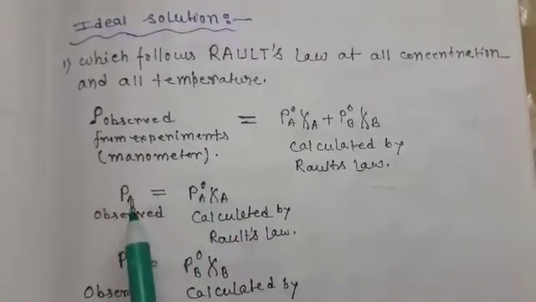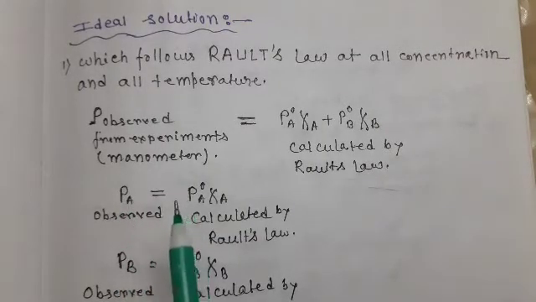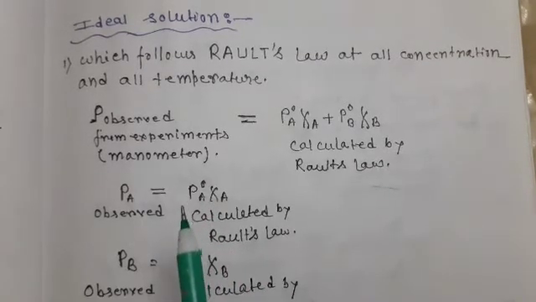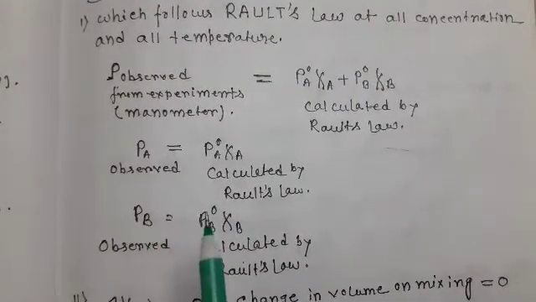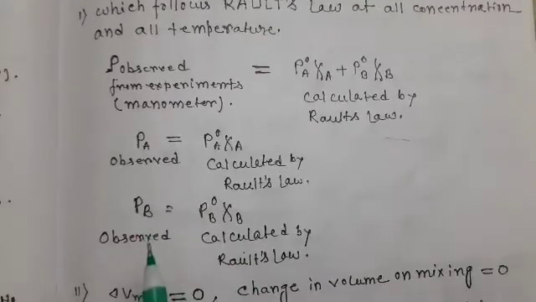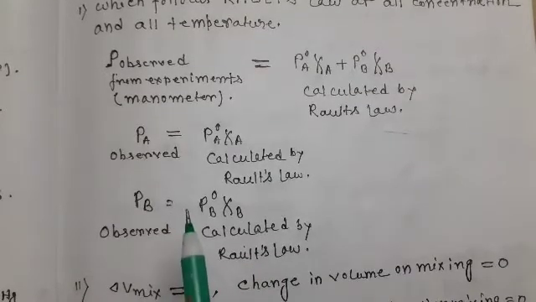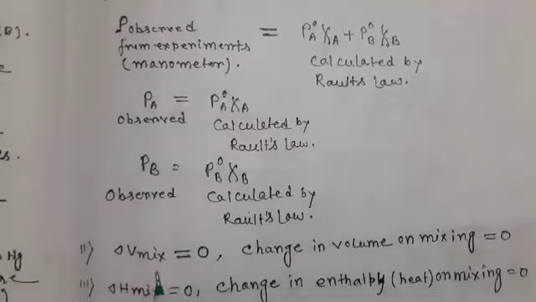That means the partial vapor pressure of A observed by manometers equals that calculated by Raoult's law. Similarly, PB is equal to P naught B zeta B: the observed PB and P naught B zeta B calculated by Raoult's law. If these are equal, then it is an ideal solution.